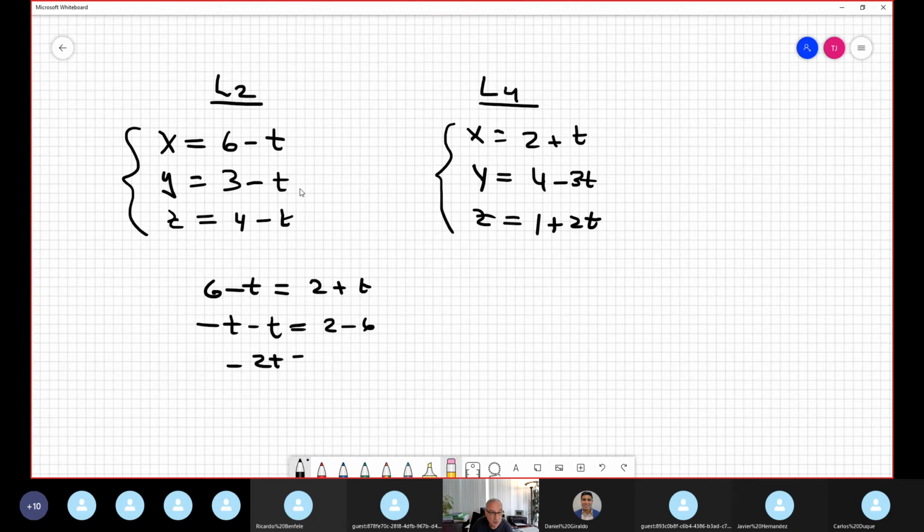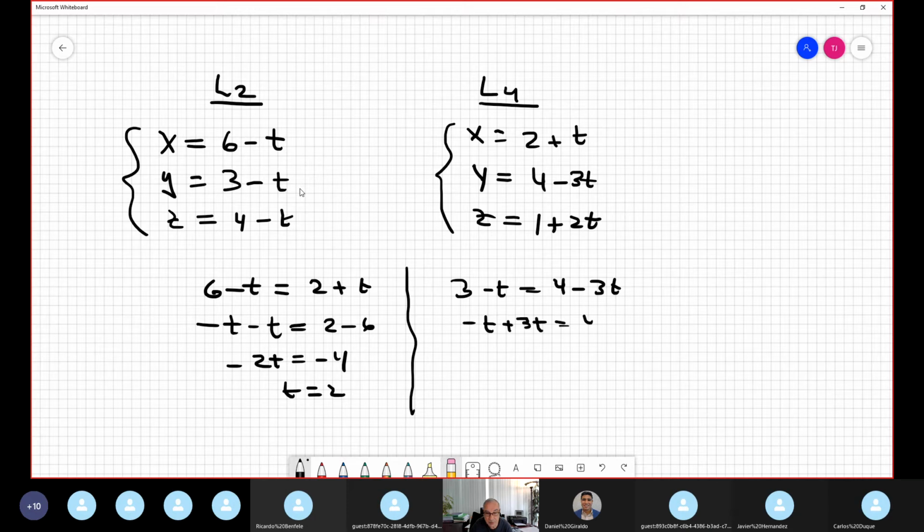This is minus 2t equal negative 4, t is 2. When you try the y, it's 3 minus t equal 4 minus 3t. So we have minus t plus 3t equal 4 minus 3. This is 2t equal 1, t is 1/2. Oof, completely different, no intersecting.